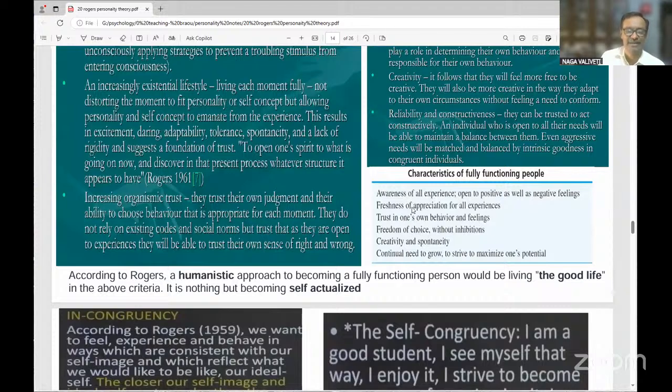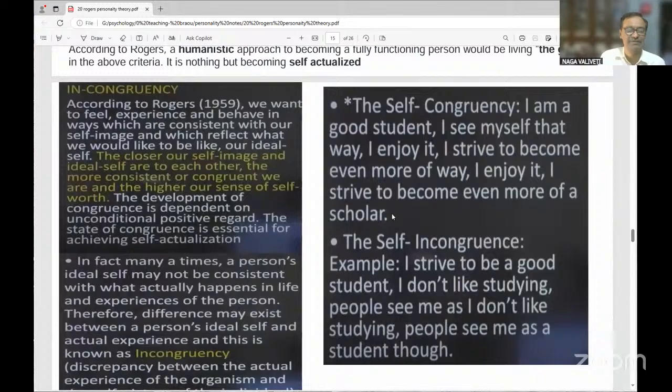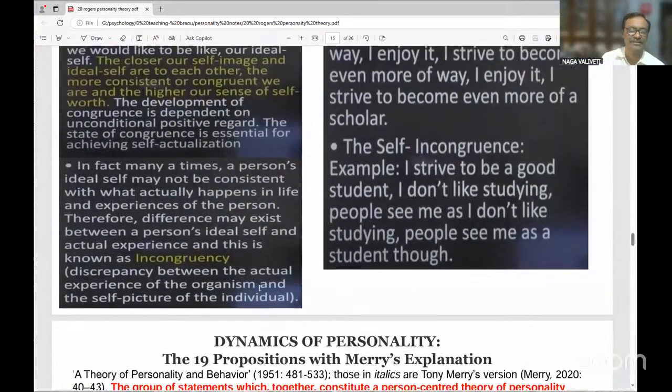If there are inhibitions or some deficiencies, you take choice or will to change them, and you will do it. A self-actualized person will do it, and they have creativity, spontaneity, and a growth mindset, or otherwise a continual need for growth. These are the basic 6 elements generally asked in the examination.